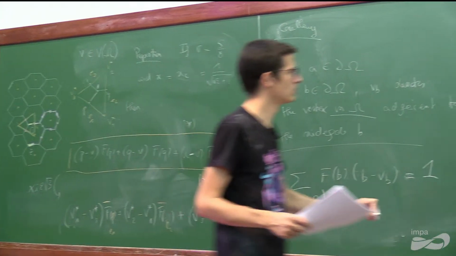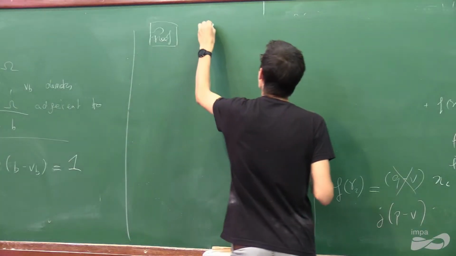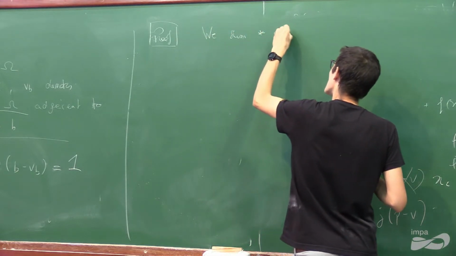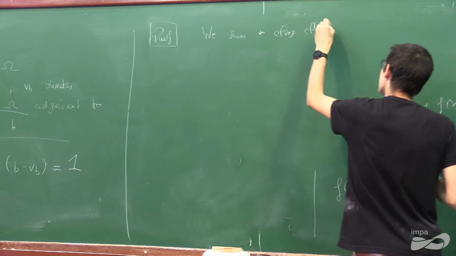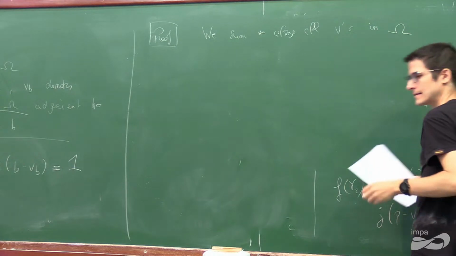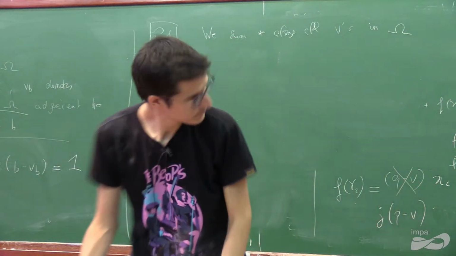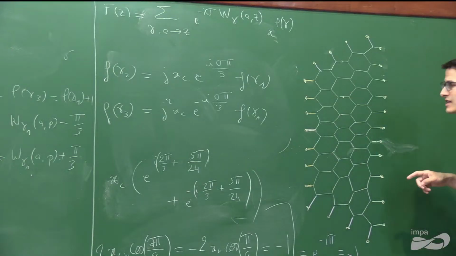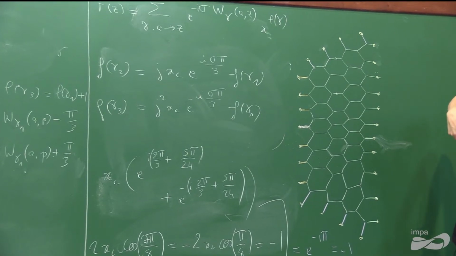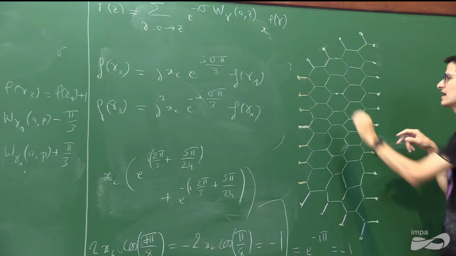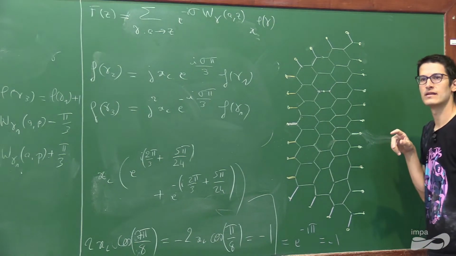Now look at a vertex in omega: it will appear in this identity and in this identity.